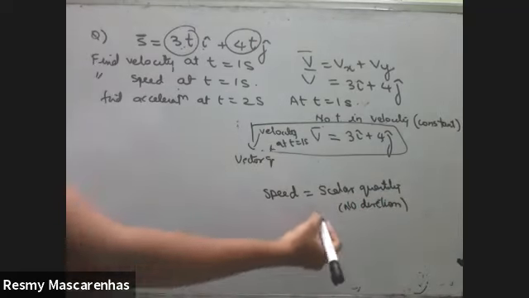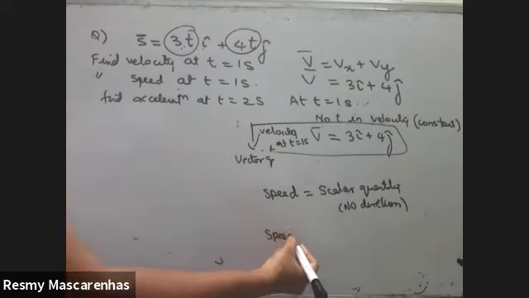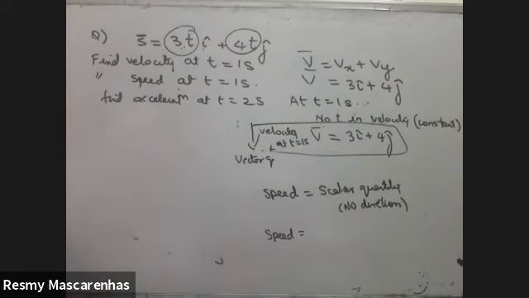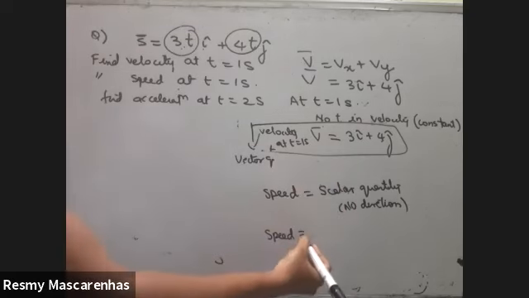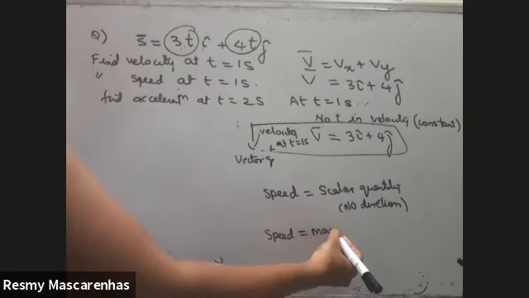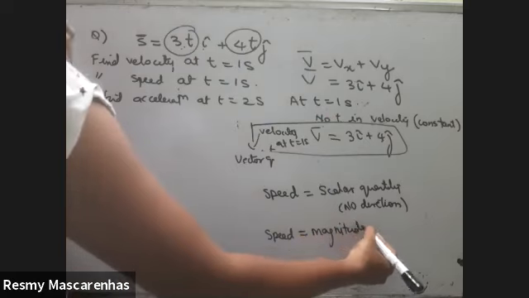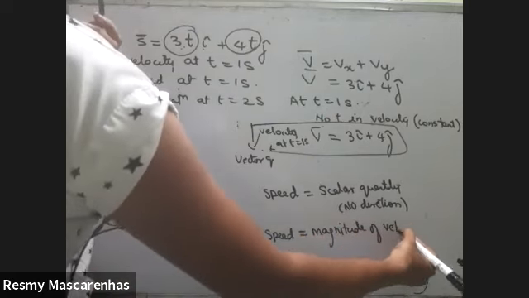I told you just now while teaching vector basics, anytime you don't want the direction, you want only its value, then you can always find the magnitude. You can remove that i and j. Remove the direction by finding the magnitude. So speed is nothing but the magnitude of velocity.